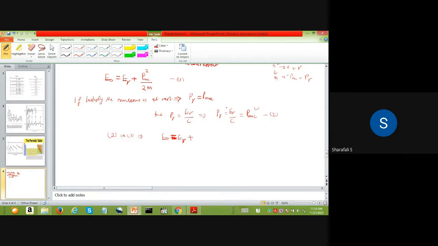You substitute that E gamma, so this will give you E gamma square by c square, divided by 2m. So that will give you E gamma square by 2mc square.